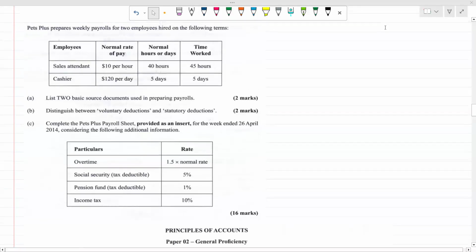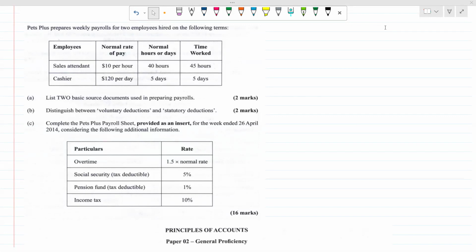All right, so you're going to look at another question, Pet Plus. Pet Plus prepares weekly payrolls for 2 employees hired on the following terms. We have a sales attendant and we have a cashier. The normal rate of pay for the sales attendant is per hour, and the cashier is by the day.